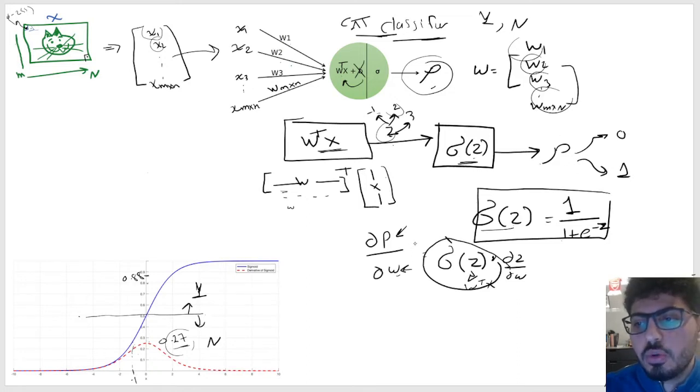And then we said that the rate of change of the prediction with respect to the weights is the derivative of the sigmoid times the derivative of Z with respect to W, which is X transpose.